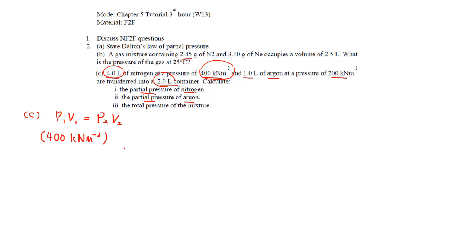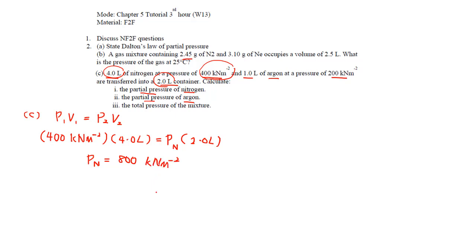So the initial volume is 4 liter. The final pressure we want to find, I will write as the partial pressure of nitrogen, and the volume is 2 liter, the volume of the container. Solving this will give you the partial pressure of nitrogen as 800 kilonewton per meter square.